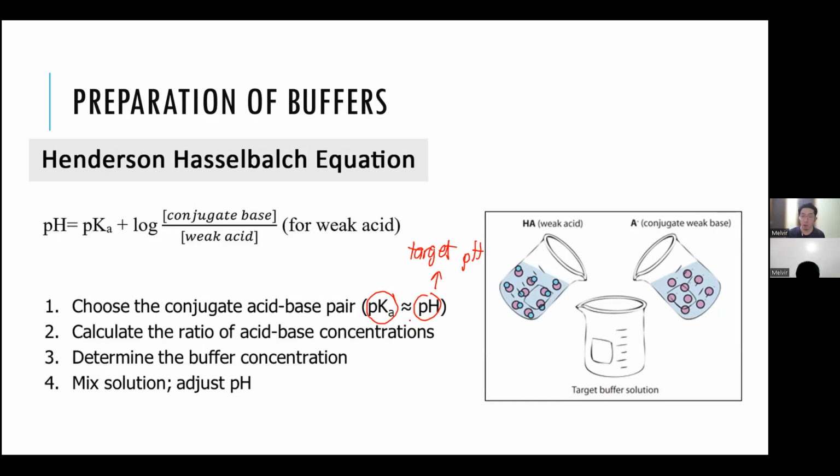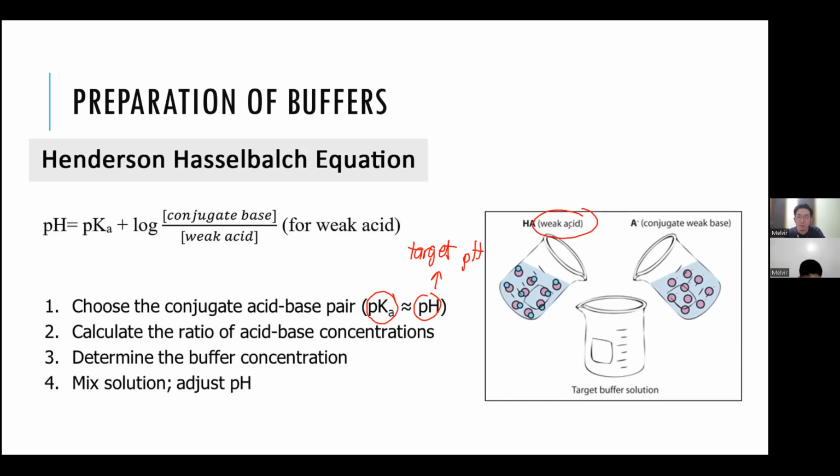Usually salt ito. Let's say ang target pH natin ay 4.5. Balik tayo kay acetate. Pwede nating gamitin ang acetic acid as your weak acid. The conjugate base of acetic acid is acetate. Anong salt ang pwede mong gamitin, Josh?